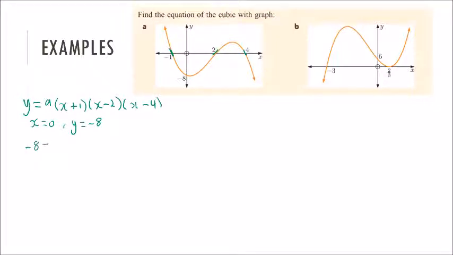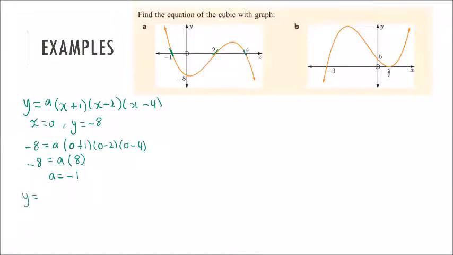Substitute that all in. I get -8 is equal to a times 0 plus 1, 0 minus 2, 0 minus 4. 1 times -2 is -2 times -4. It's going to be +8. So I'm going to end up with a is equal to -1.